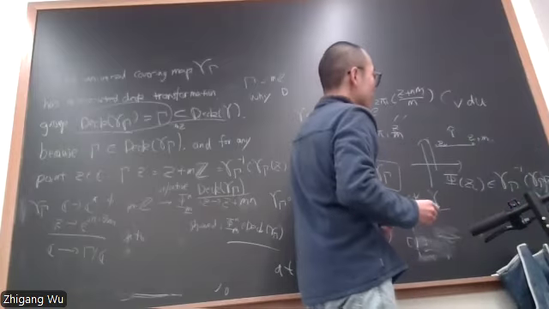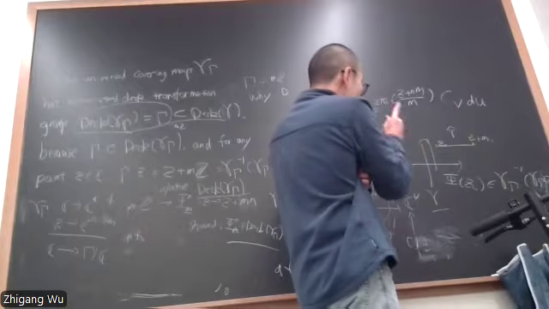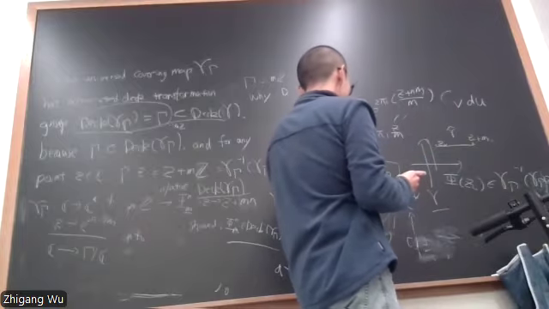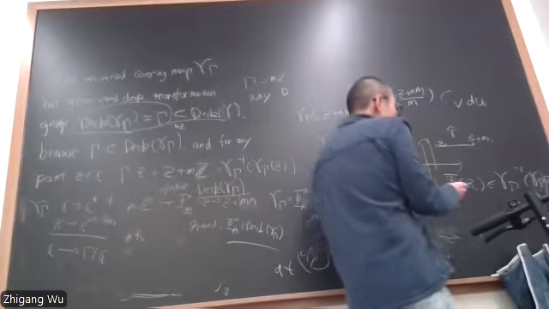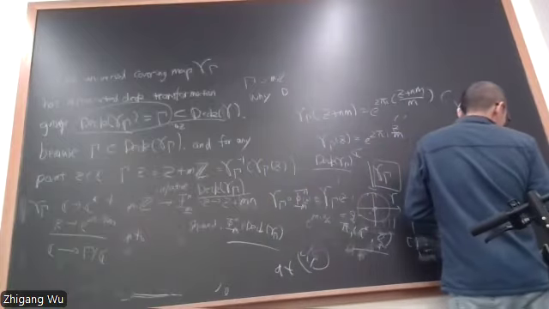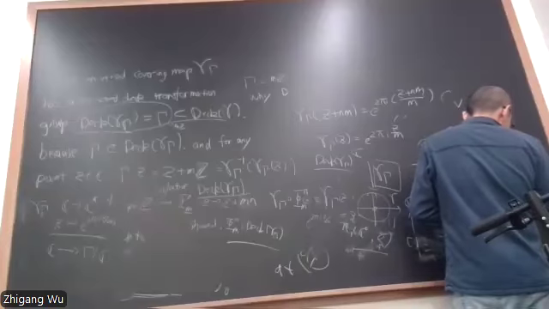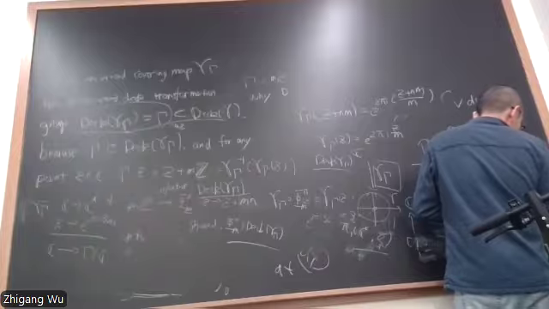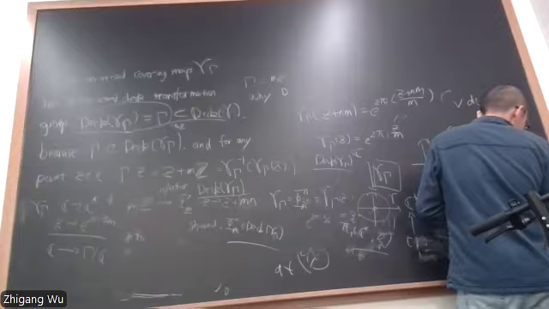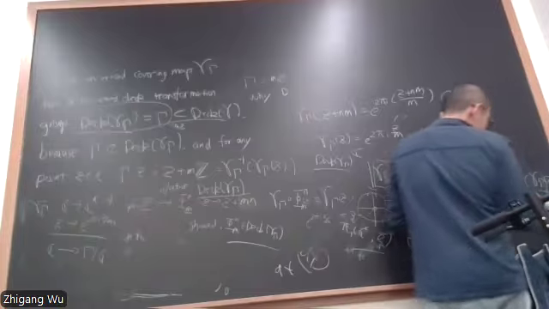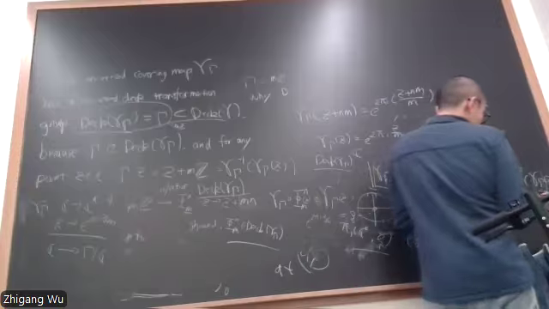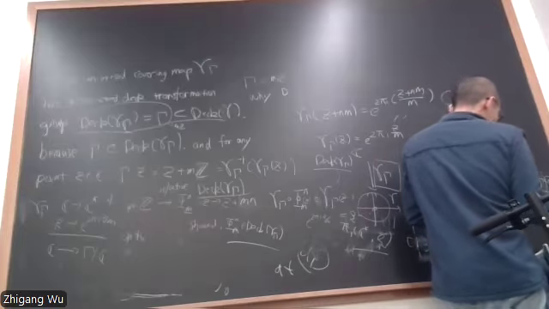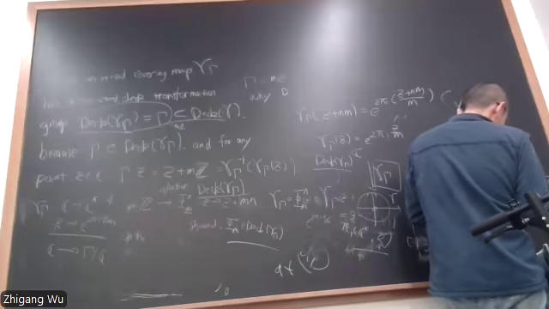So what are the possible pre-images of this point? This one is actually e to the 2 pi i z naught over m, right? So what are the possible pre-images of this one?